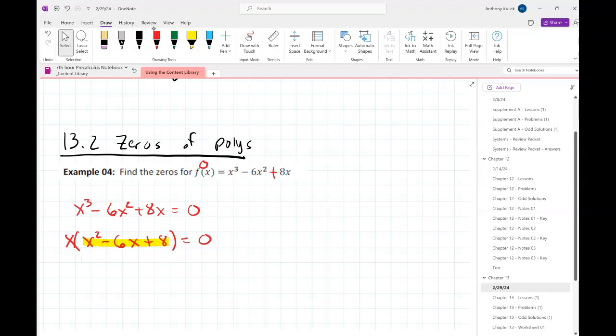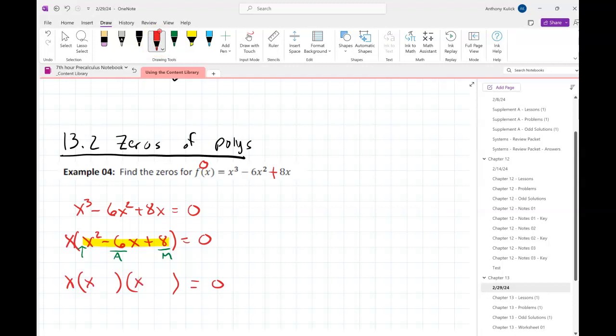Do you remember how to factor a quadratic from your Algebra 2 class? Well, it's like doing the reverse of FOIL, yes. So you want to end up with something like this, right? As long as the leading coefficient is 1, you're looking for 2 numbers that multiply to give you the negative 8, and then add to give you the negative 6.